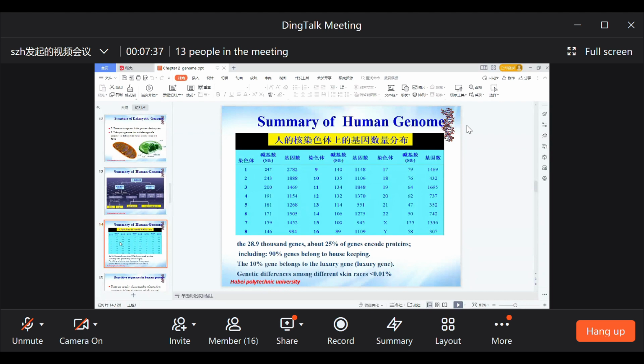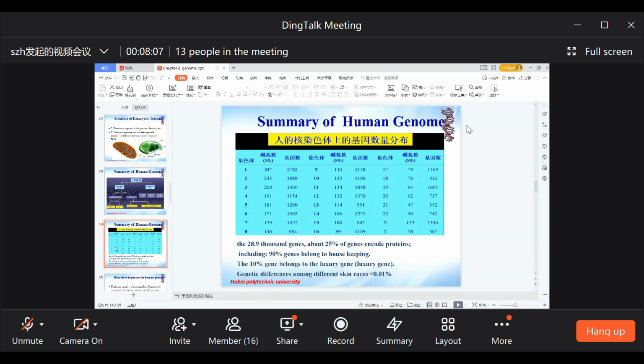For people coming from Africa, Asia, or America, the genetic difference among people from different countries and different strata is very, very small, below 0.01%.